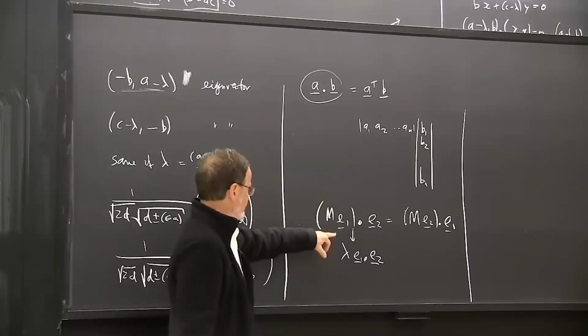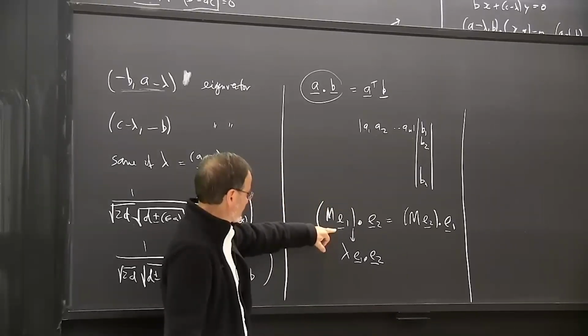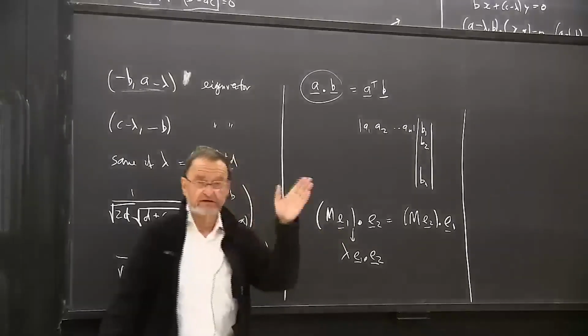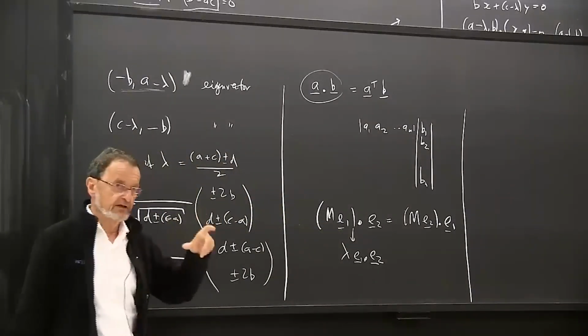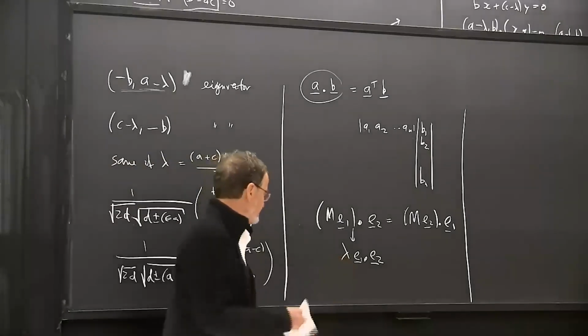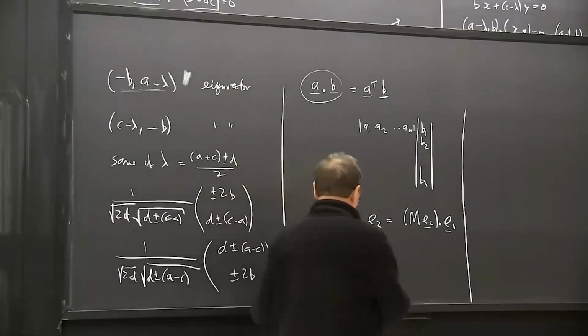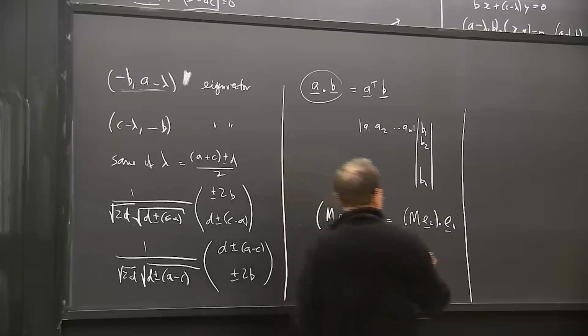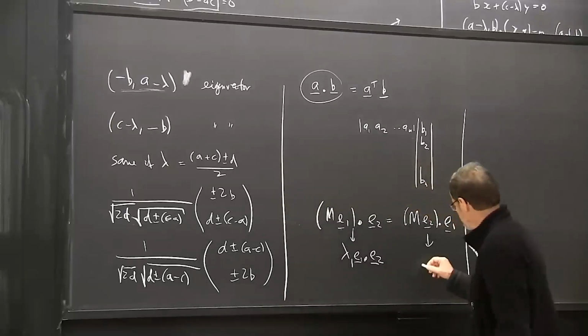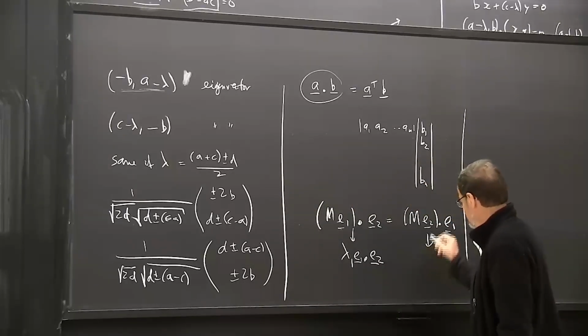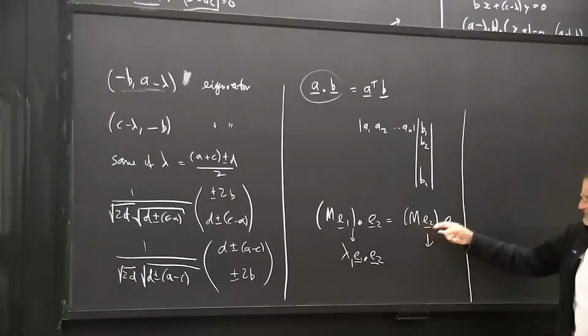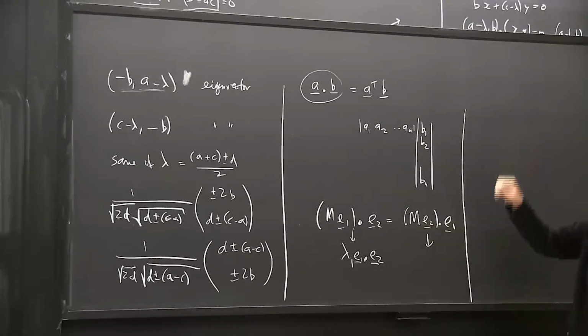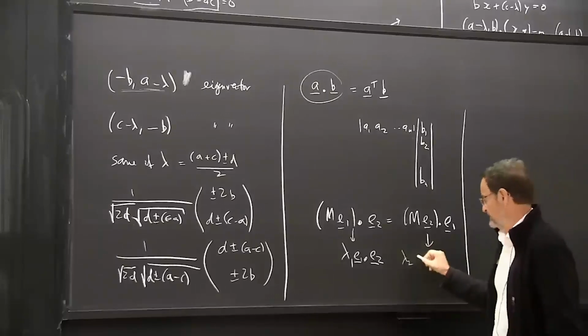Well, because the whole point of these eigenvectors and eigenvalues was that ME1 is going to be in the direction E1, but a different length, multiplied by the eigenvalue. And ME2 is the vector E2 just multiplied by its eigenvalue.